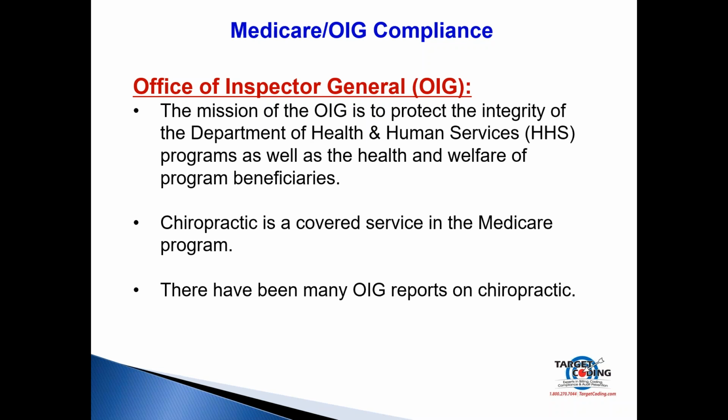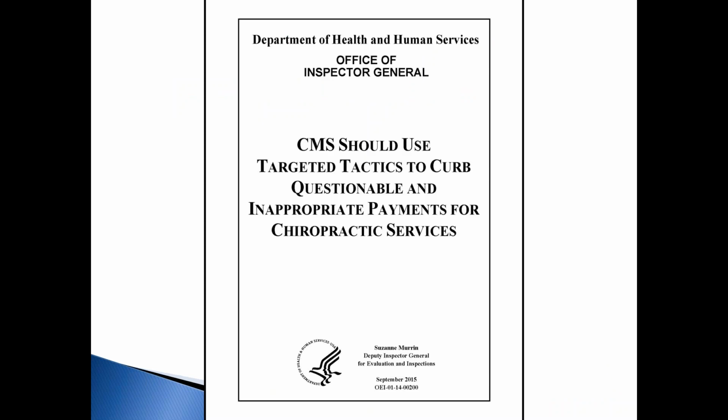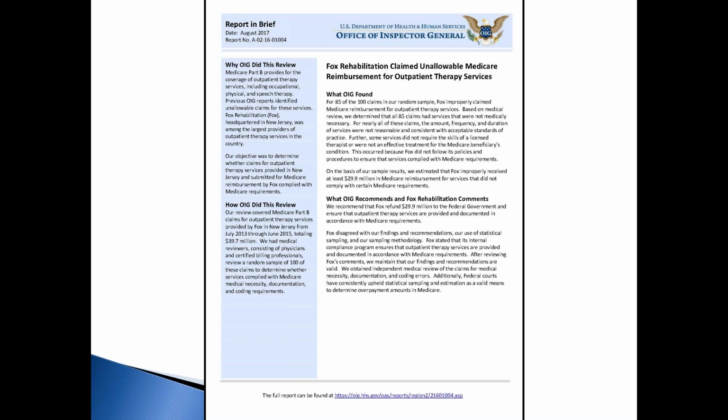Well, guess what? Chiropractic is covered by Medicare. So the OIG wants to make sure that we're behaving. There have been many reports on chiropractic services. Not so positive, unfortunately. A few of these I'm showing you on the screen. And it's not only us.